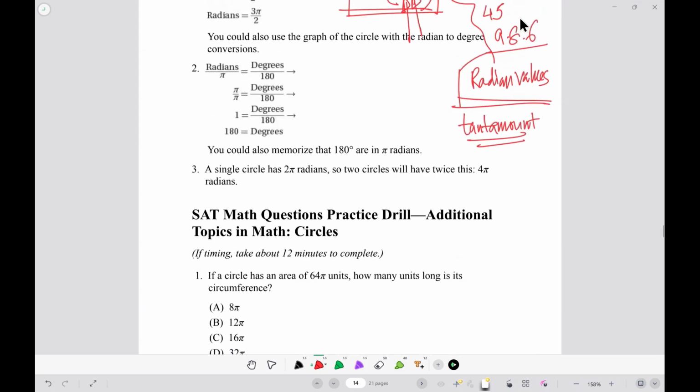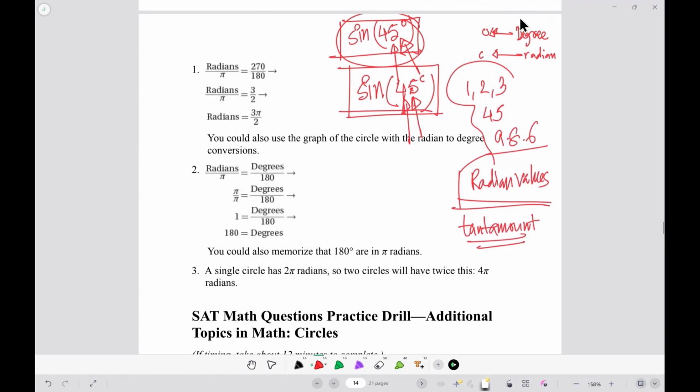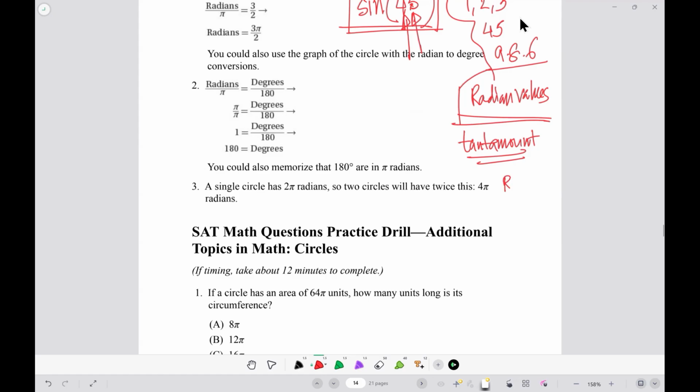It means that radian values are the values that you can use without any kind of conversion. No conversion is needed. For radian, you don't need any conversion.